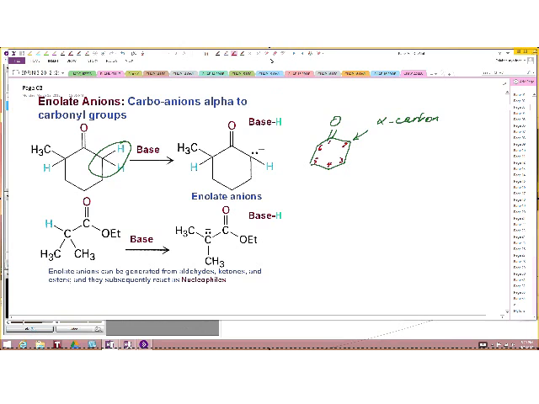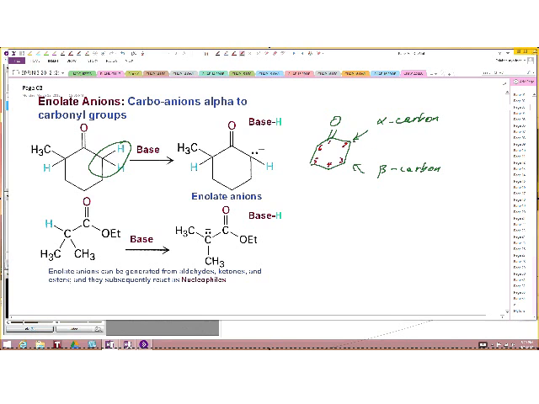This carbon number 3, therefore, we refer to as a beta carbon, which also means all of the hydrogens that are attached to that carbon will be referred to as beta hydrogens.